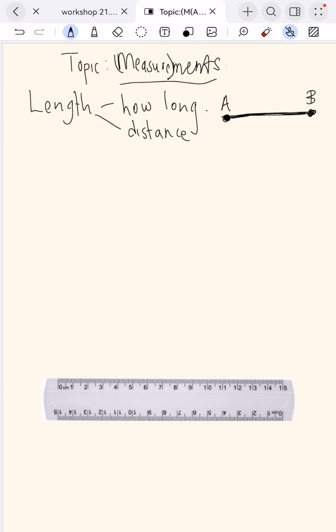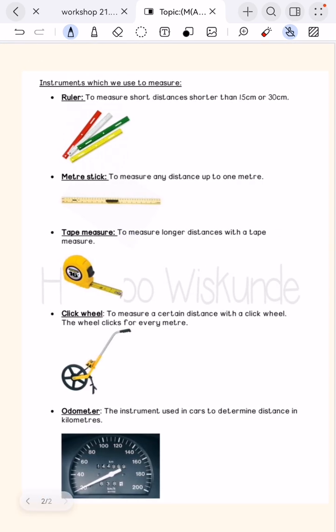Now, there are a number of instruments that we use when we are measuring length. The most common one is the ruler, and I trust that everybody knows what we mean by a ruler. We use it to measure short distances. Usually, an ordinary ruler is between 15 and 30 centimeters, depending on the size.